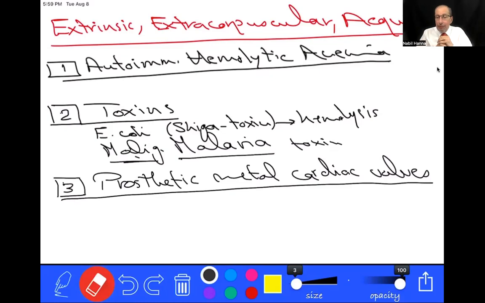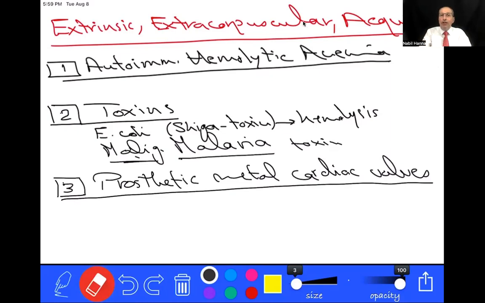We discussed the biochemical markers of hemolysis, whether it occurs intravascularly or extravascularly: increased bilirubin, increased LDH, low haptoglobin. In addition to that, there are three features of intravascular hemolysis, which are hemoglobinemia, hemoglobinuria, and hemosiderinuria.